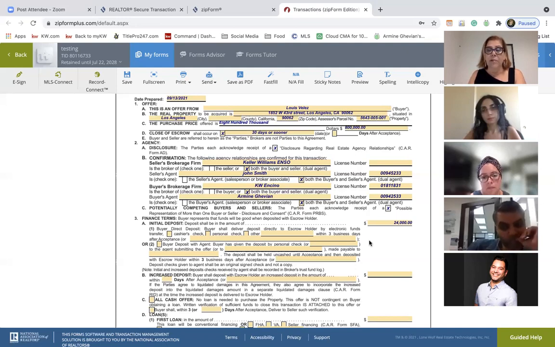I think a lot of the time agents write this, but they don't understand the fundamentals of a contract. In a written contract, every word is a term that has to be followed to the T. You need to understand the importance of these days when you're writing it, and you need to explain that to your buyers. Escrow has been opened.